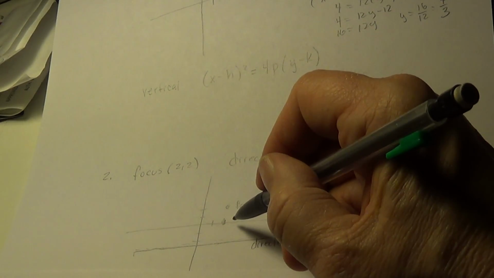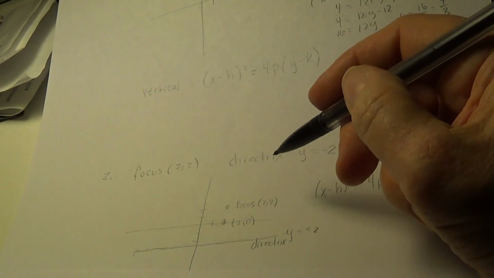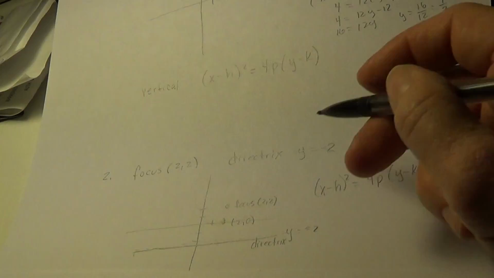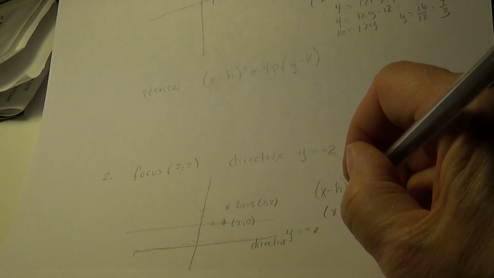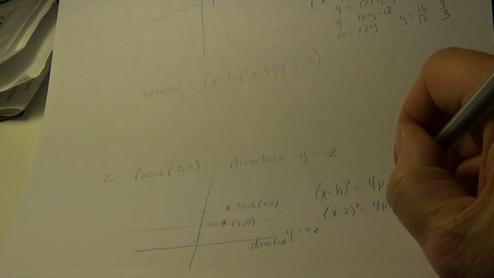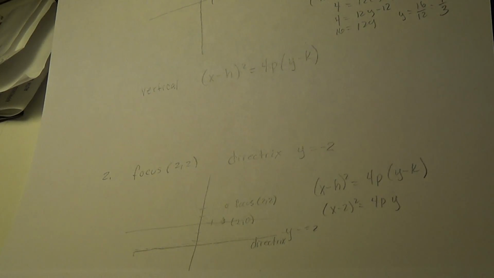And what point is that? It's 2 over and 0 up, (2, 0). So therefore, I know that this is h and that's k. x minus 2 quantity squared equals 4p y minus 0. So I won't write in that part.